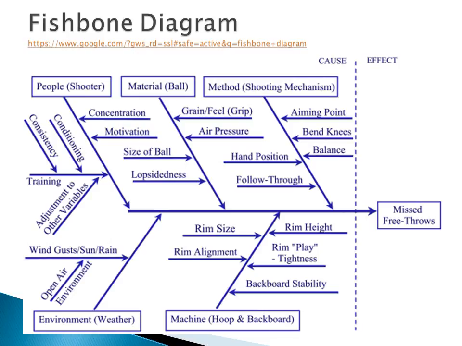So this is showing all these different areas that feed into why there is the effect of a missed free throw. You can look at this, and if you're in a healthcare situation, you may want to concentrate on one of the categories and then come up with action plans. It helps get you visually centered.